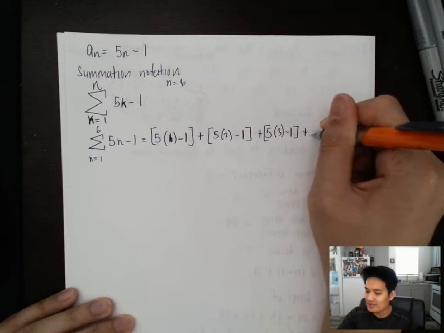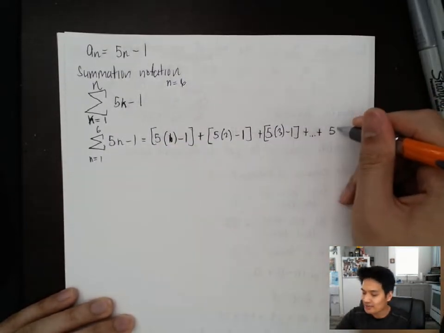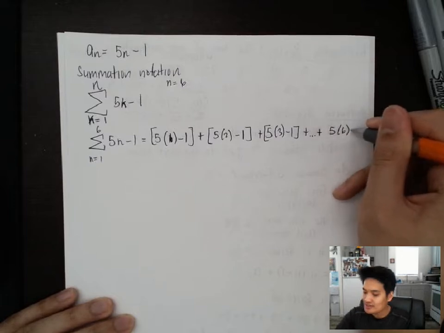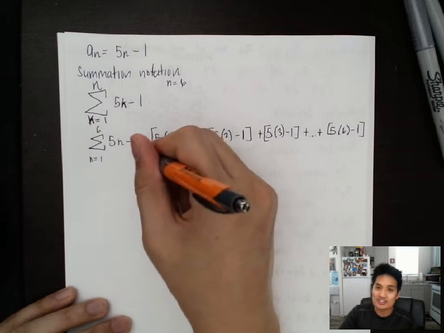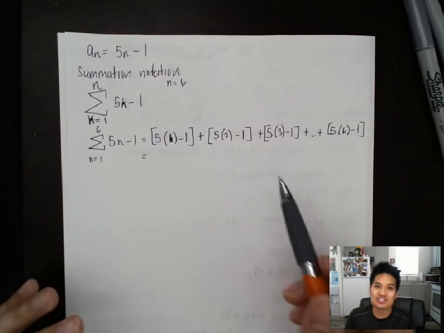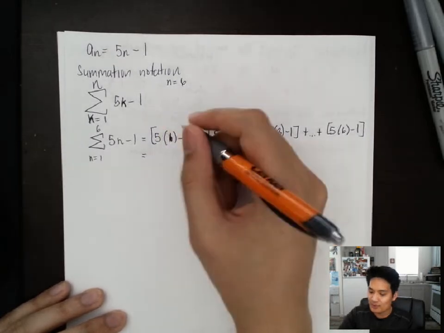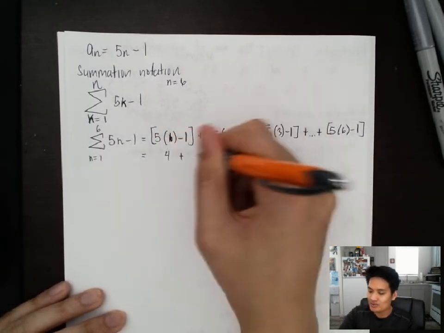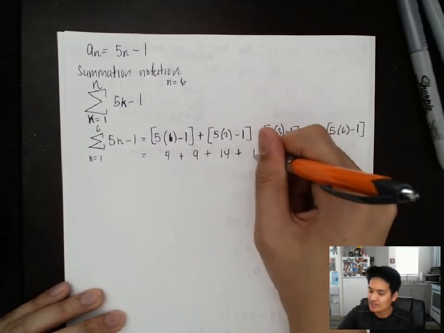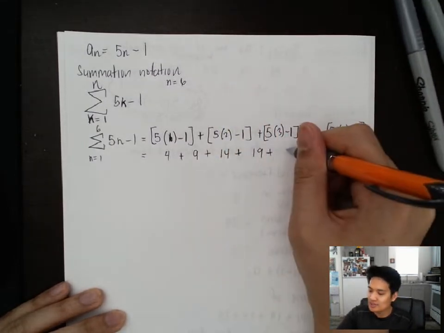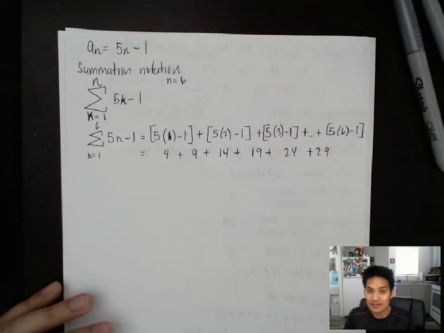And then I continue this until I reach my very last term, which is 5 times 6 minus 1. And as you can see, it's essentially going to give us the original sequence that we had earlier. This ends up giving us a 4. This gives us a 9, 14, plus 19, plus 24, plus 20. So that's just one way we can essentially write it.